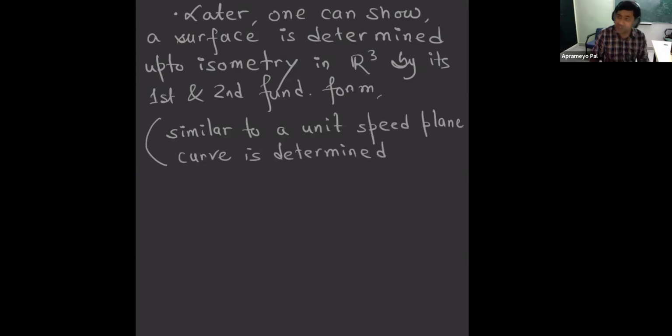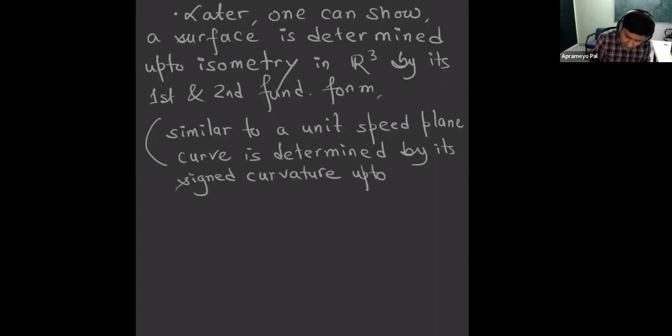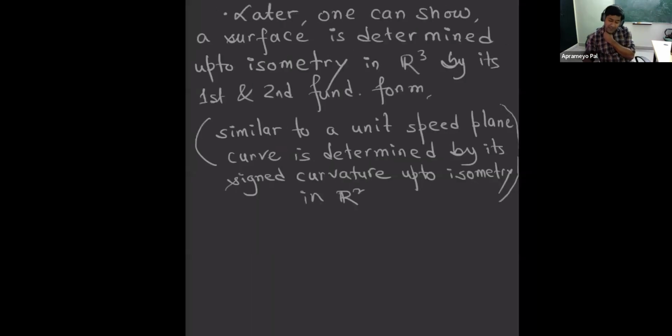This we have seen even, I think, in the first week itself. It is determined by its sine curvature up to isometry again. So up to isometry, here now in R2, right? I mean, we are considering curves.